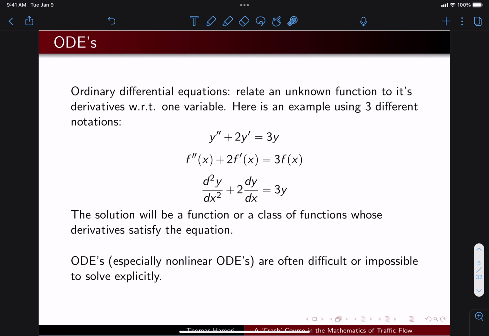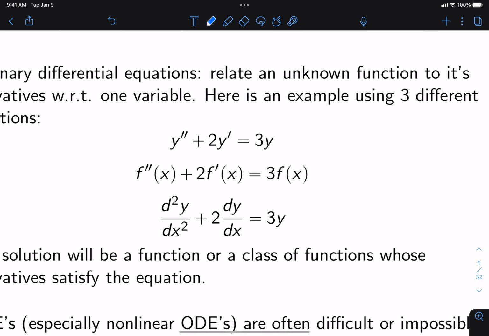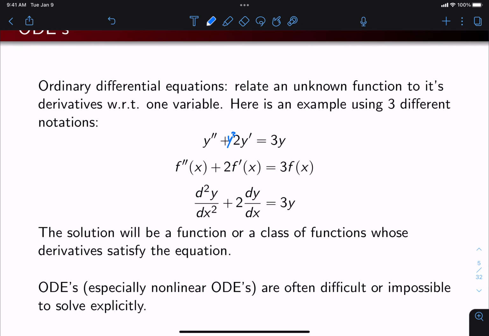Okay, so the last comment I put on this slide is about ODEs, especially ODEs which are nonlinear. I should explain what I mean by nonlinear. What I mean is that for a nonlinear one, we might also have some products here, like y squared or something like this. If we add in something like that, things start to get really hairy.